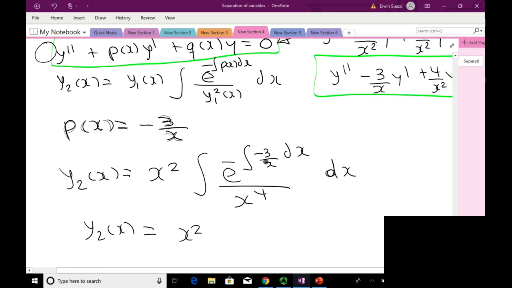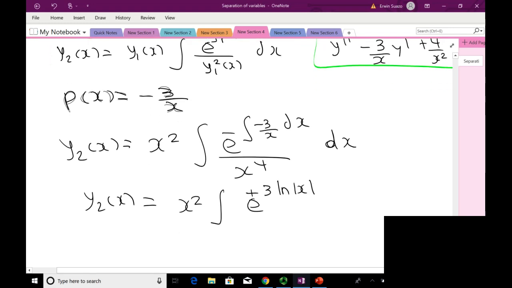The antiderivative of the integral of minus 3 over x gives e to the plus 3 ln of x, over x to the 4 dx.